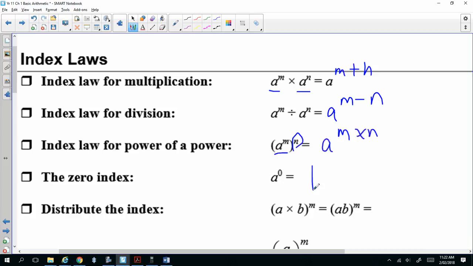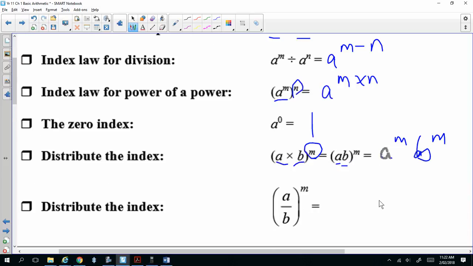When you have 2 numbers inside a bracket with the same power, both of these numbers will get the same power. So it distributes to the A and the B. And the same thing for the fraction: both the numerator and the denominator are raised to the same power. So these are the index laws. Make sure you write them down.